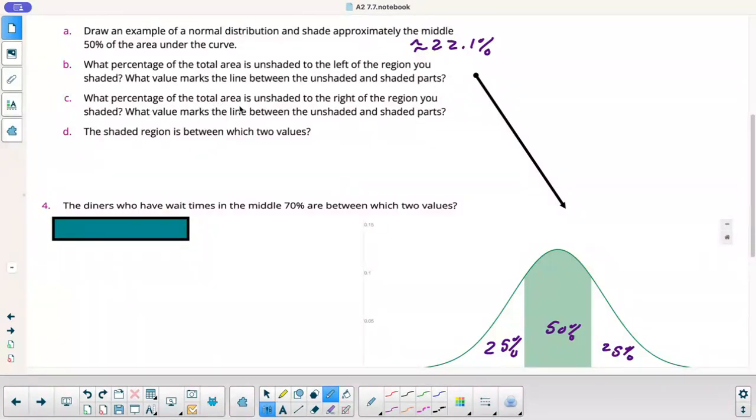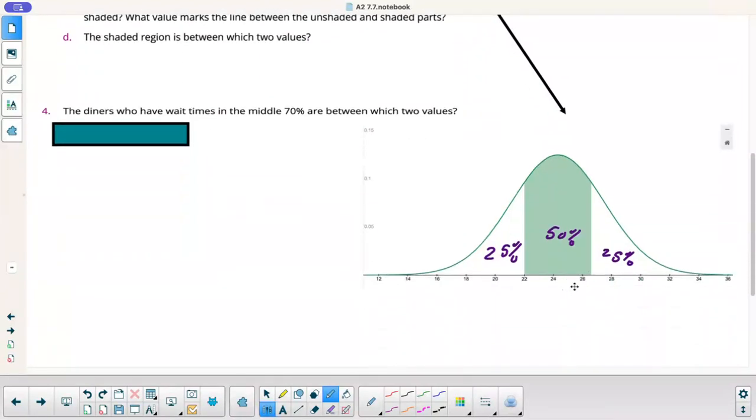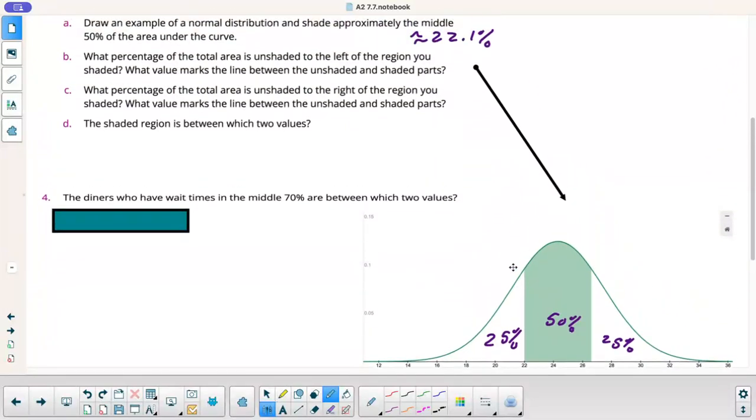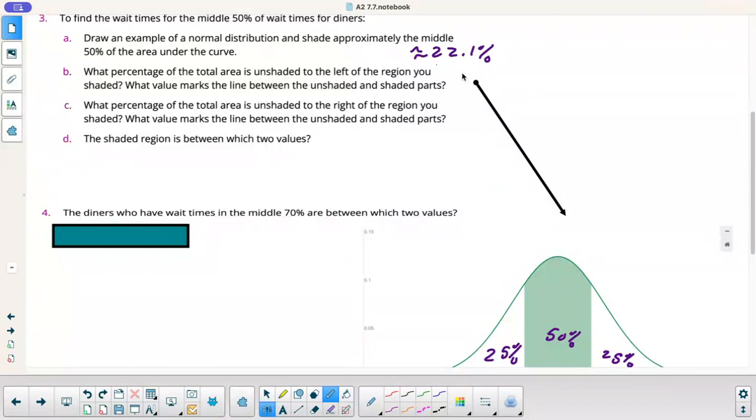What percentage of the total area is unshaded to the right? I already answered that. That's 25. That looks like it's about 26 point something. Now, these values here should be equidistant from the mean.